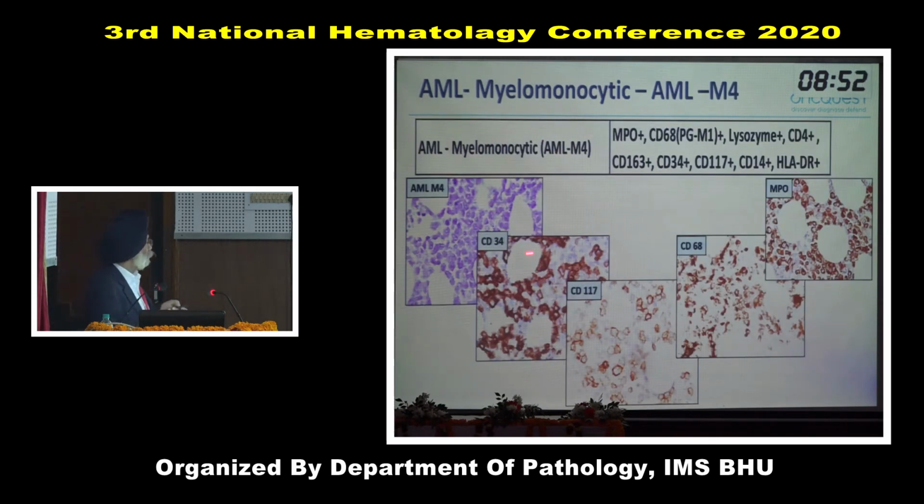The blast cells are CD34 positive, myeloblasts are CD117 positive, the monocytic cells are CD68 positive, and the maximum positivity is seen with MPO, because the myeloid cells come out positive, and promonocytes also come out weakly positive. So that is the appearance you get in a case of M4.